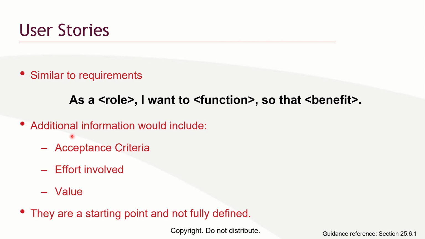So a user story follows this format: as a role, not as the user. It is the role the user is playing. We are going to have the story created for the role, because that role might be occupied by someone else. So you don't attach a user story just to a user. It is to the role that they are performing.